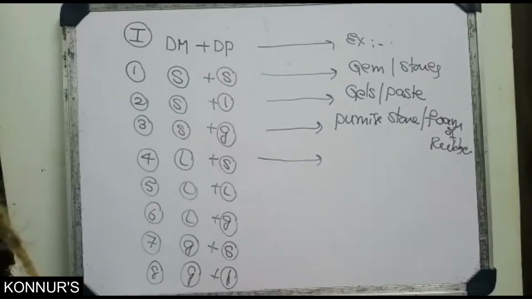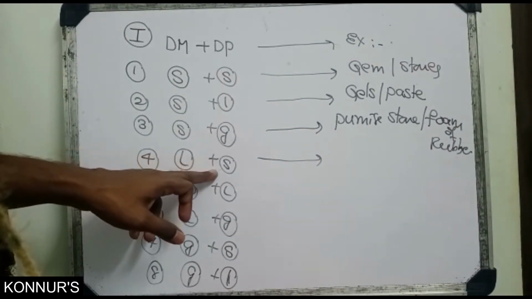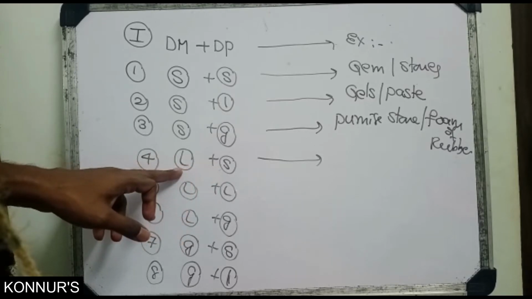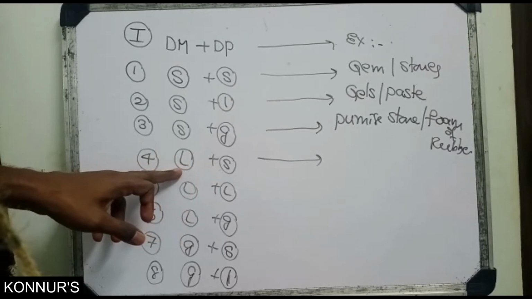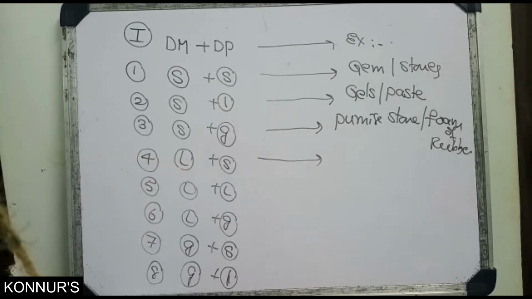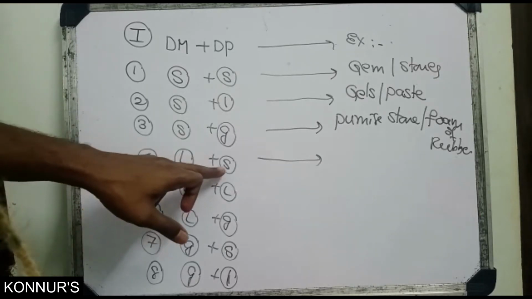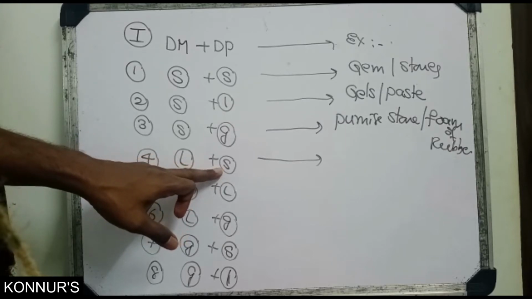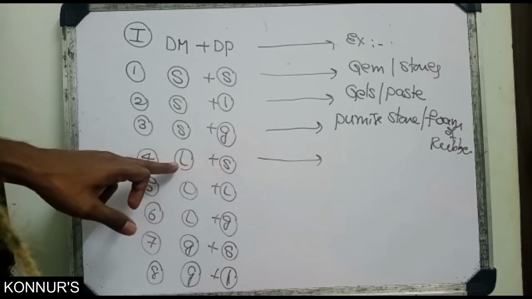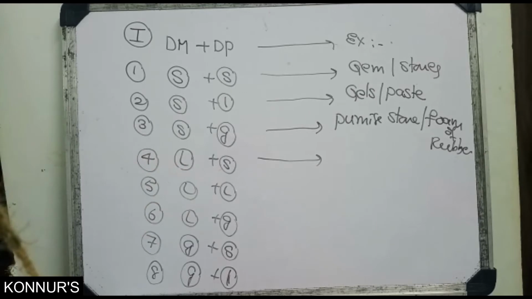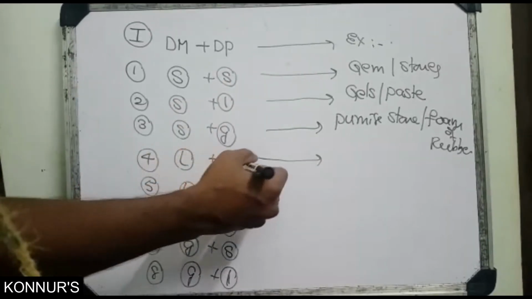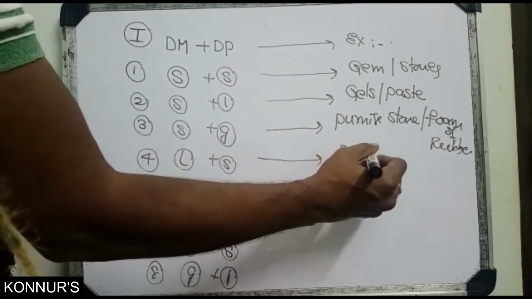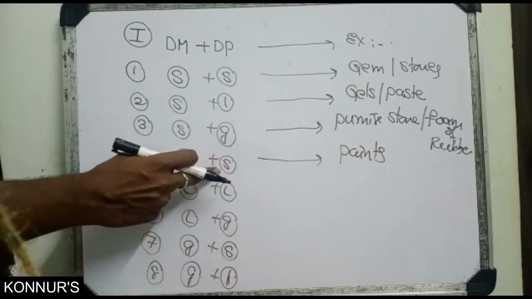Next, a small amount of solid present in a large amount of liquid. You can take water and paints; the best example is paints.